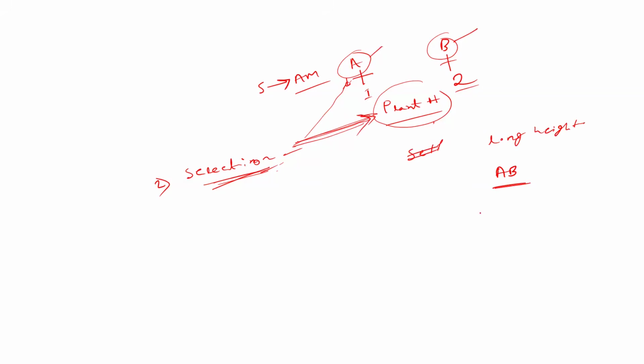But if you select only the small plants, small a and small b, because both affect plant height. The A allele and B allele of the two genes affect plant height favorably. Though they are present on different chromosomes, it shows that they are associated with each other.